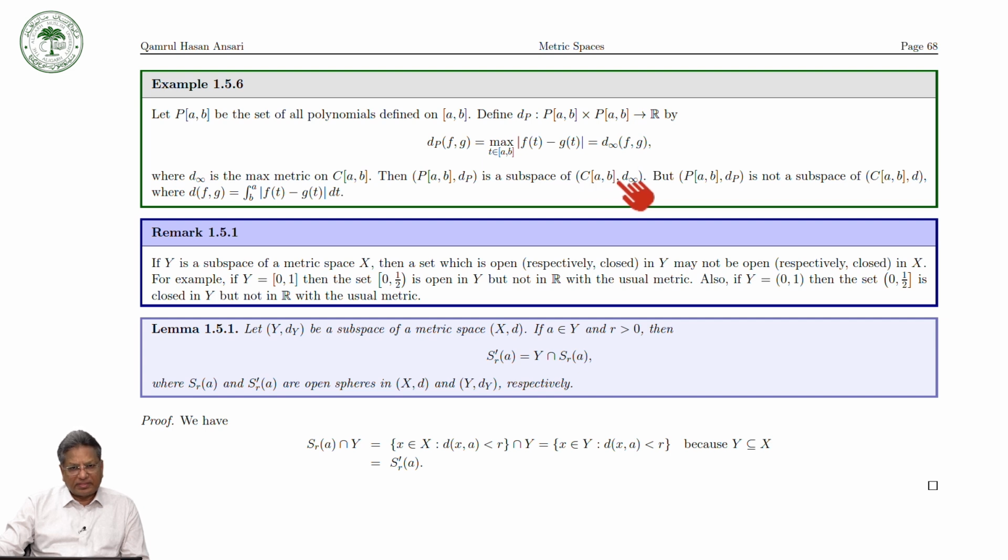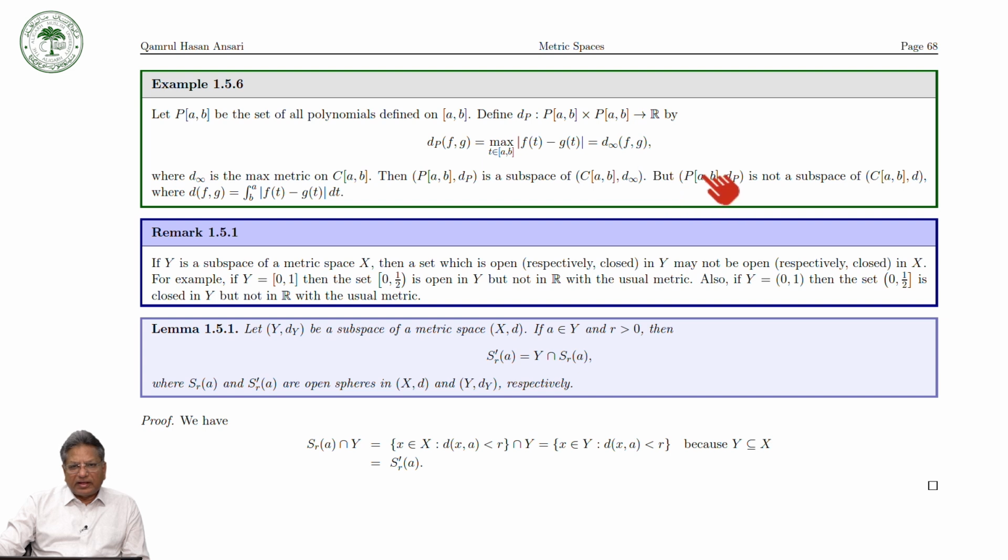But (P[a,b], d_p) is not a subspace of C[a,b] with the metric d, where d is defined as the integral from a to b of |f(t) minus g(t)| dt.